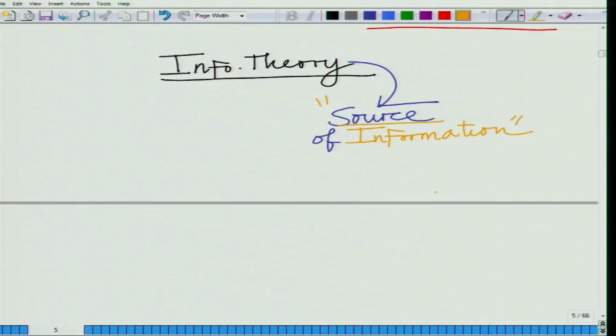And now, information theory, as we have said, is a mathematical framework to characterize the information generated, the average information of a source.